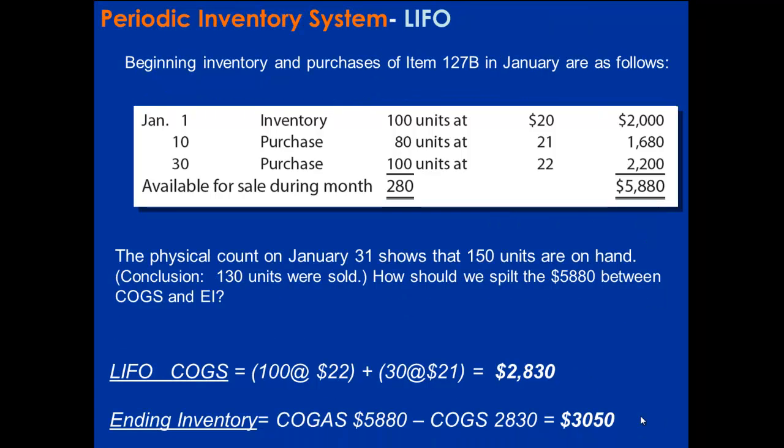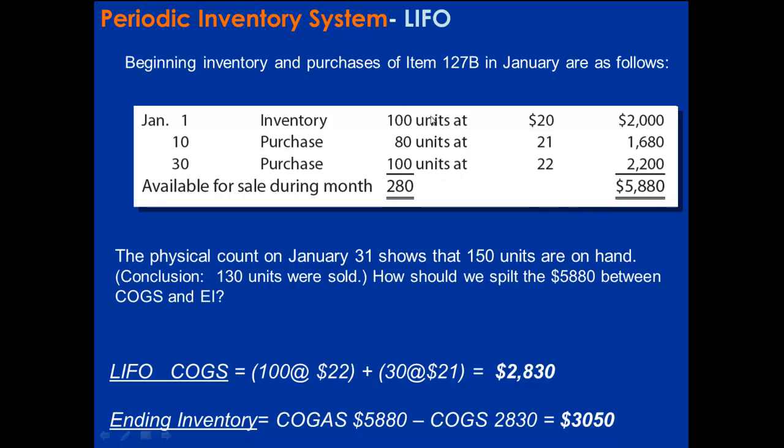Now, when it comes to LIFO, if you understood what we did a second ago, this shouldn't be too difficult, because it's the same thing. We had 280 units for a total cost of $5,880. These are the units available for us to sell. We have 150 left, so 130 were sold.